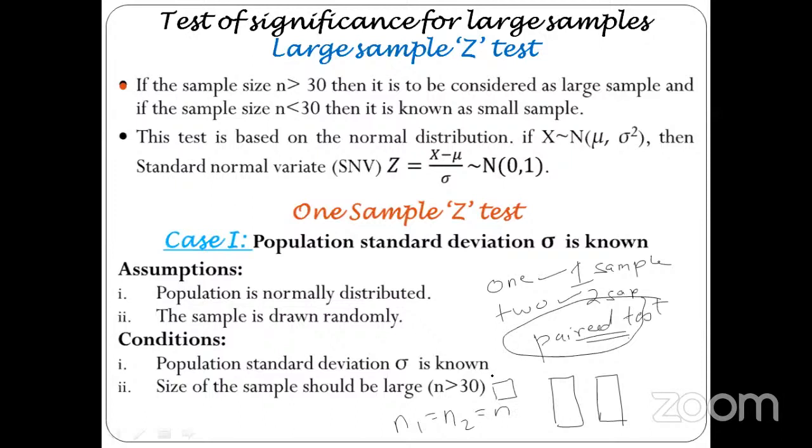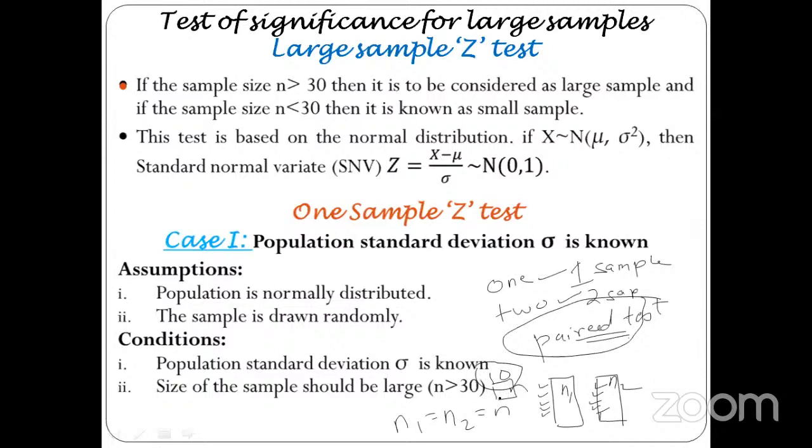Means, if we have 10 objects and we are taking observations, then we will have 10 samples here and 10 samples here. So n1 is equal to n2 is equal to n. This condition is called paired T test. You need not memorize any definition. Paired T test means when we are taking two samples from the same objects.